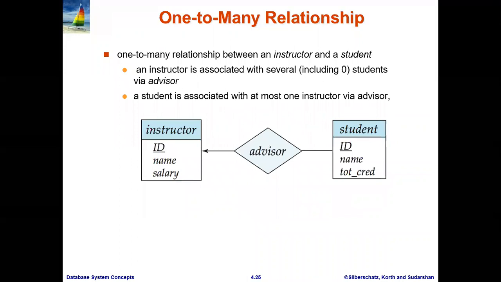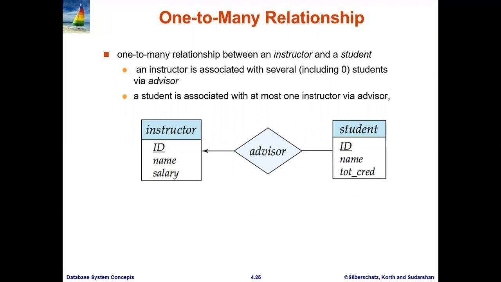Next is the one to many relationship. One to many relationship between instructor and student. An instructor is associated with several students via the advisor relationship set, and a student is associated with at most one instructor via the advisor relationship set.